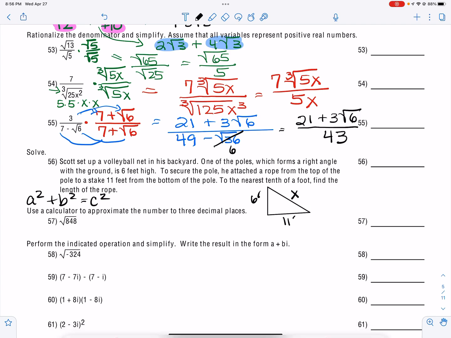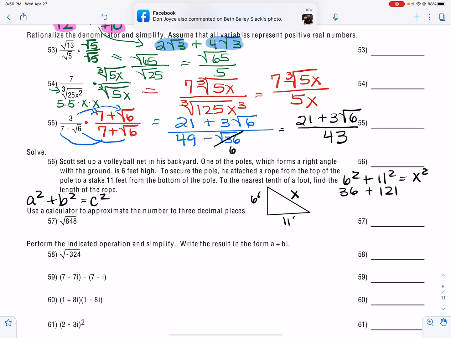So I'm going to take 6 squared plus 11 squared equals x squared, and that's 36 plus 121 is equal to x squared, and that is going to be 157 is equal to x squared.